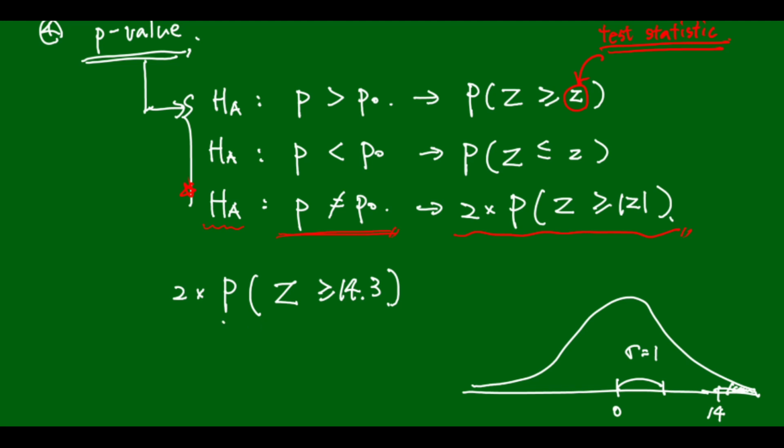This probability itself is really small, like 0.0001. Even if I double it, this whole thing is way smaller than 0.0001.